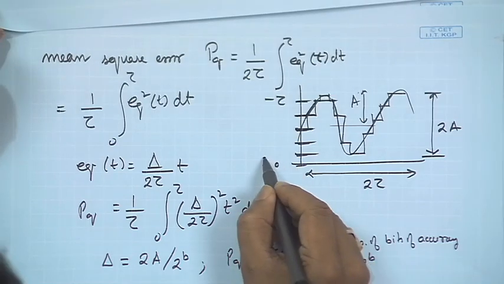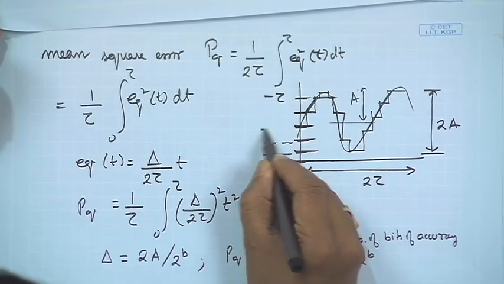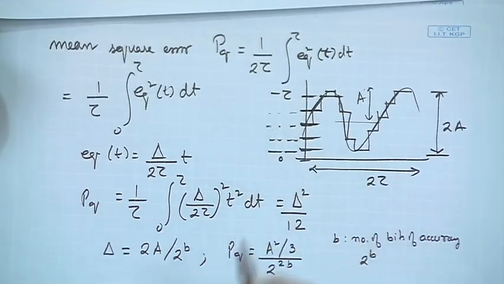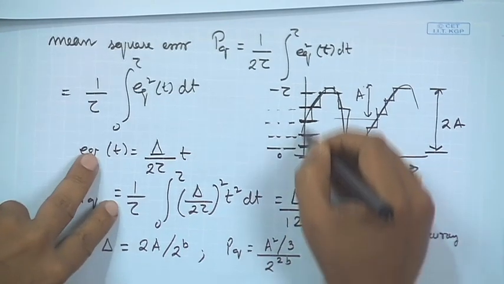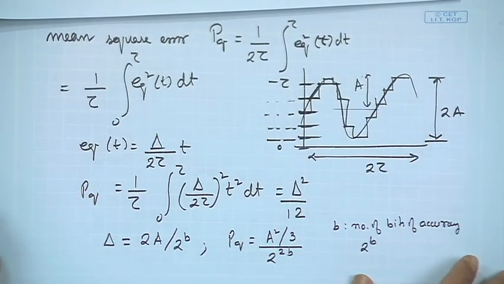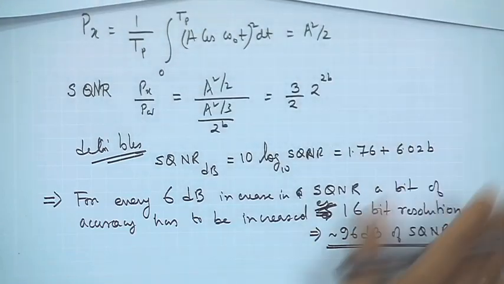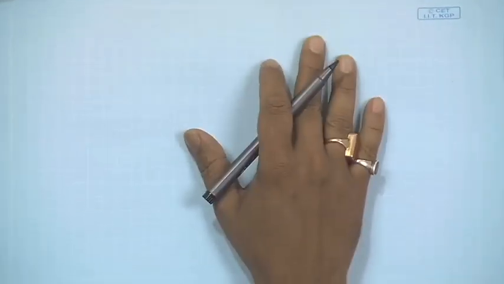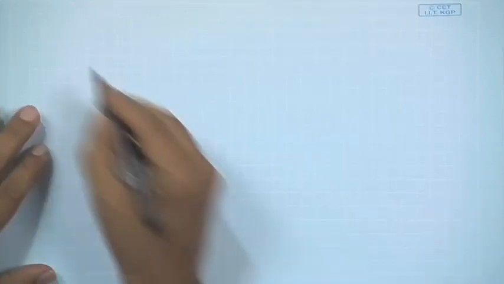So, if we now take the output of these quantized values that we have over here, we have to give some notation for representing these amplitudes. Suppose we have L levels.